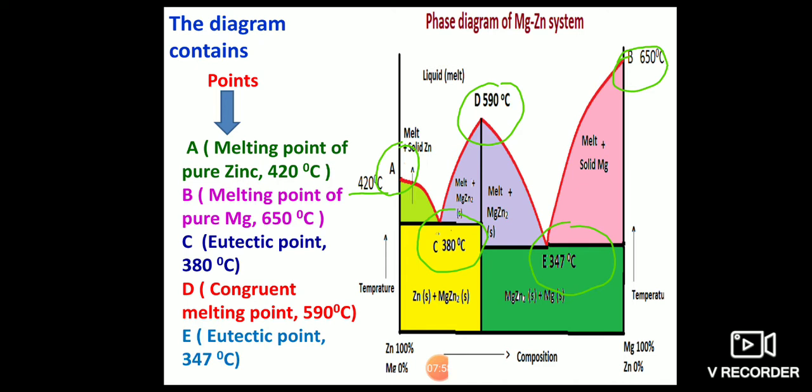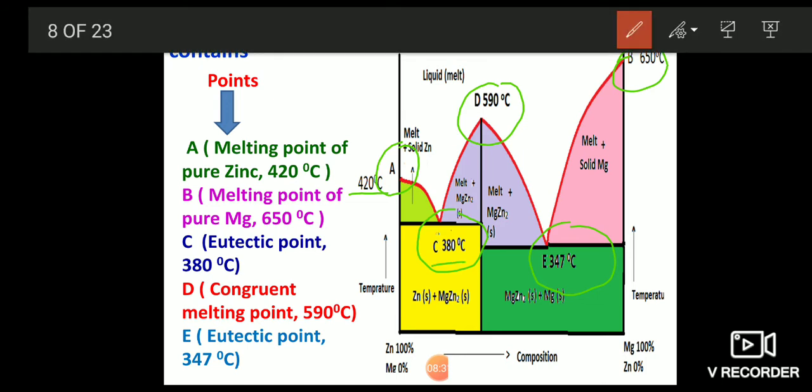So while drawing the graph, you have to remember A 420 degrees Celsius and C 380, D 590, B 650. So the level you have to keep in mind where you are pointing the point. A is below D and D is below B. And coming to C and E, both are not at same level.